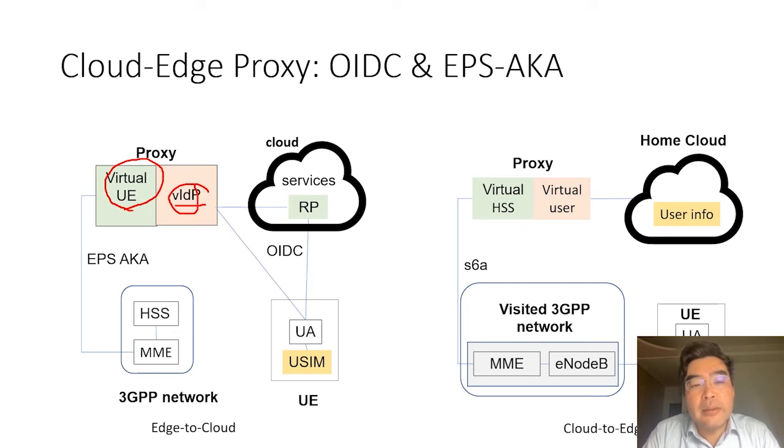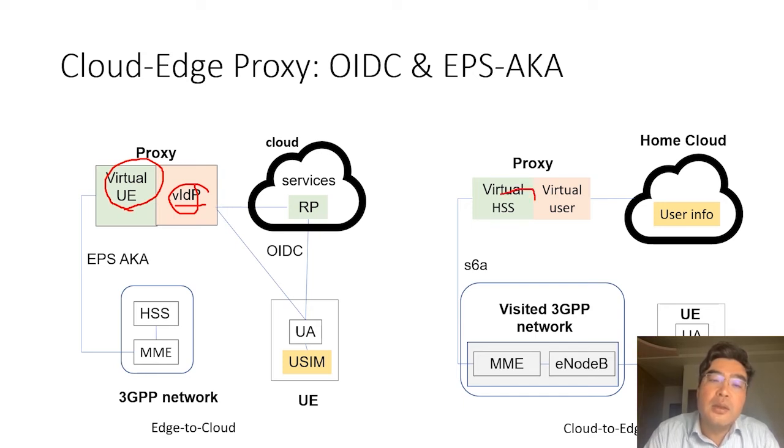And again, now it's cloud to edge, which means that your account is in the cloud, but now you connect to the edge. So the UE is here and connects to the 3GPP network, but our account is in the cloud. So then the proxy in the middle will create two roles.